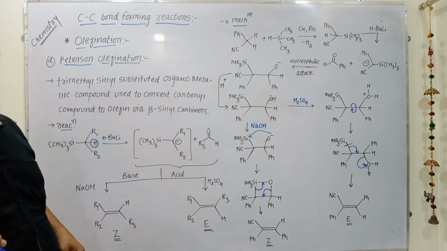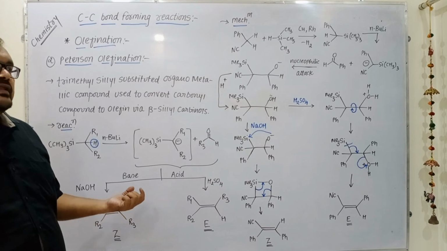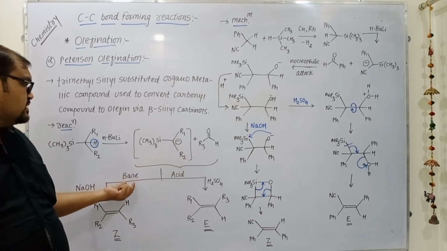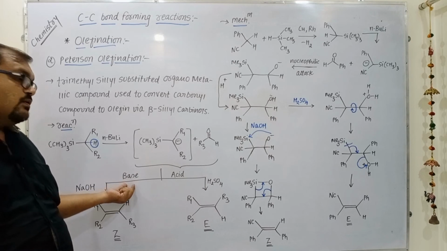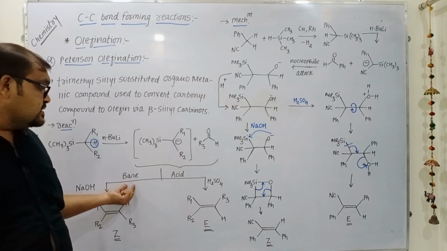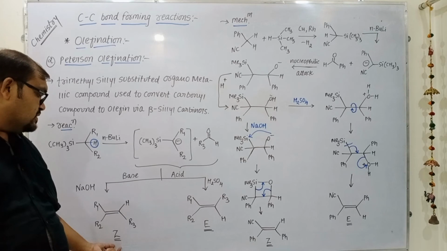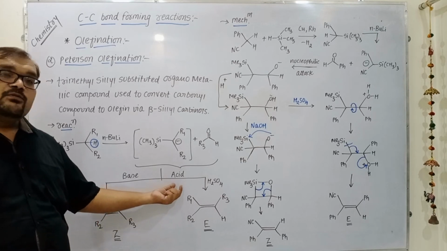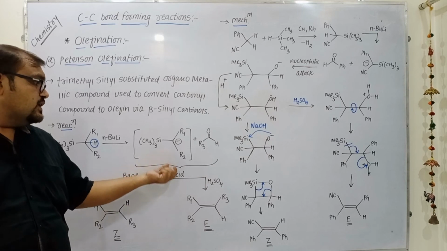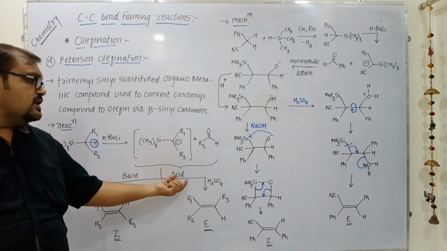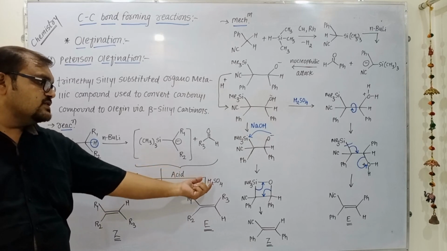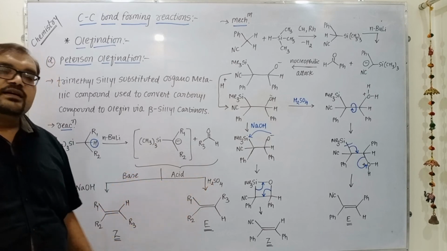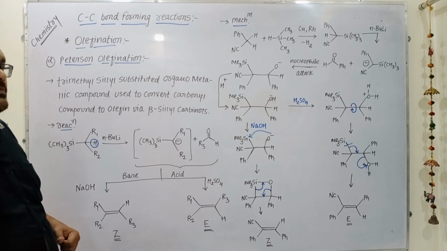Now the interesting thing here is that when this intermediate reacts in the presence of a strong base, it will give us Z alkene as a product, while if we carry out the reaction of the same intermediate in the presence of an acid such as H2SO4, sulfuric acid, then we will get E alkene as a product.